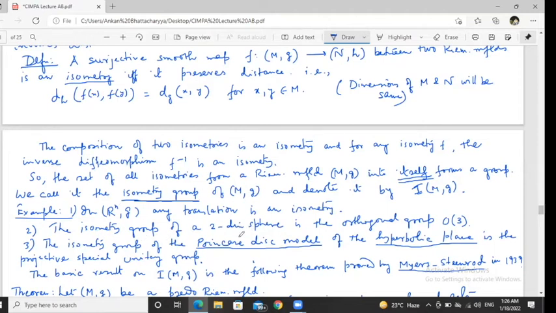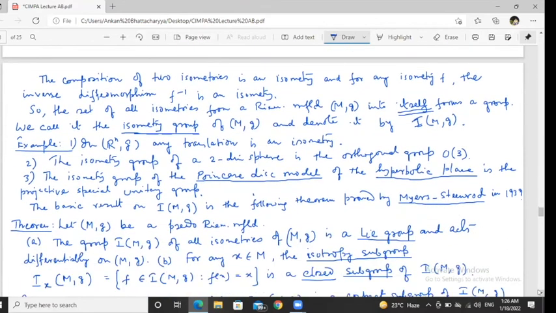The isometry group of a two-dimensional sphere: I think in advanced courses you can learn how to find this isometry group. The isometry group of a two-dimensional sphere is the orthogonal group O(3). The isometry group of the Poincare disk model of the hyperbolic plane is the projective special unitary group. So these are examples of some isometry groups.